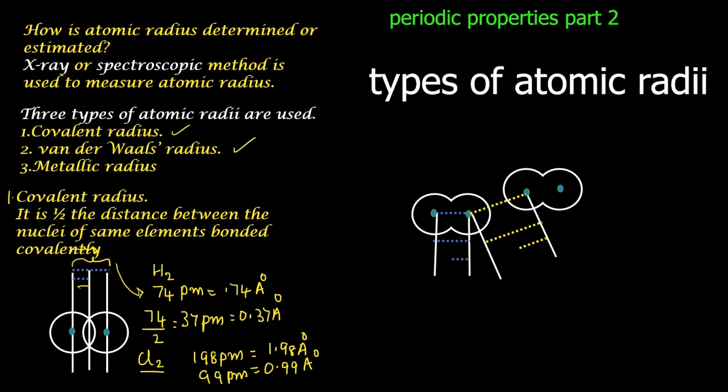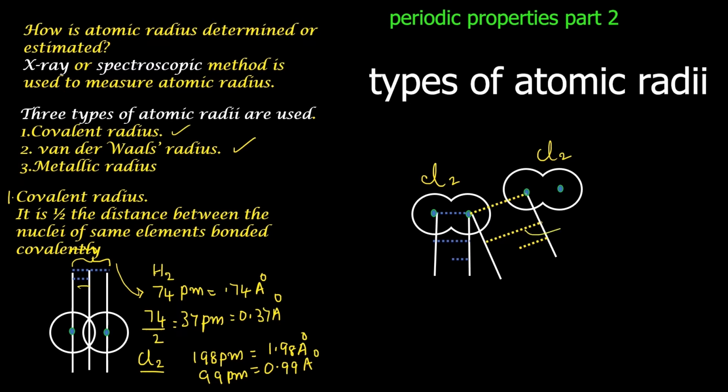Now we will pass on to the second type of radius, van der Waals radius. For that we will use the diagram that is shown there. Boundary diagrams for two chlorine molecules which are lying close by are shown here. The internuclear distance between two atoms belonging to the two molecules that lie close by is first assessed or measured. Half of this distance is the van der Waals radius.